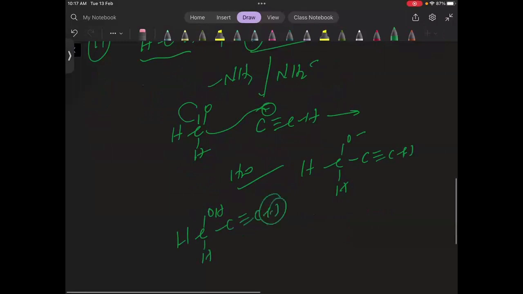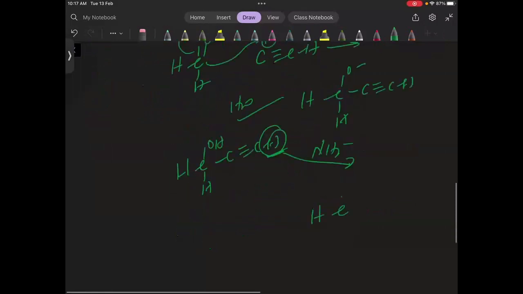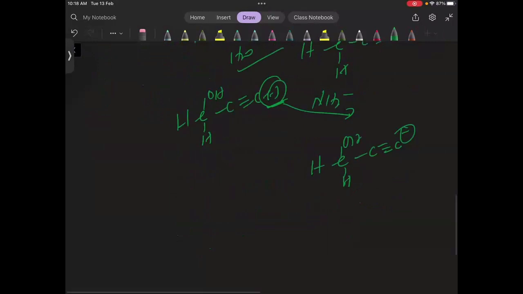Still you have one acidic hydrogen which will react with NH2 negative. In that case, OH, H, C triple bond C negative is generated, which is going to react with formaldehyde, because we have taken 2 moles of formaldehyde, correct? So 1 mole of formaldehyde is still left.